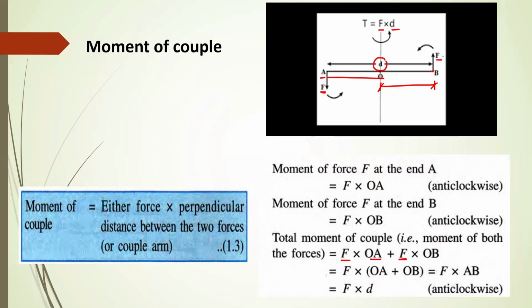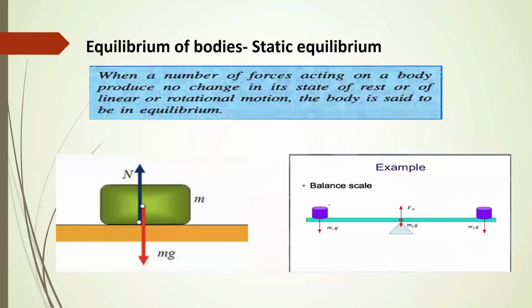So FA and FB, I call them couple arms. So the moment of couple is either force into the perpendicular distance between the two forces, that is, the perpendicular distance between the couple arms. This is the first couple arm and this is the other couple arm. I can take either force, because the force quantity is going to be the same. So it is force into the perpendicular distance D, and that gives me the moment of couple.